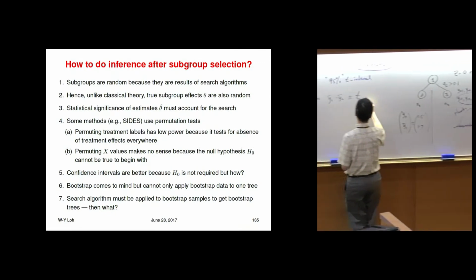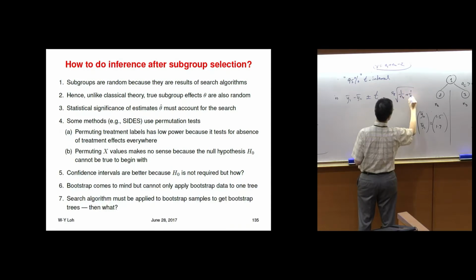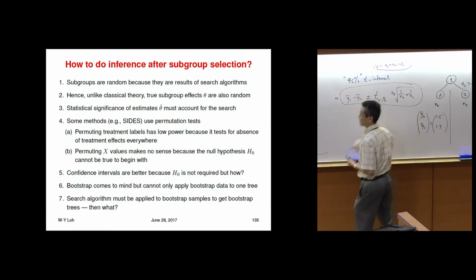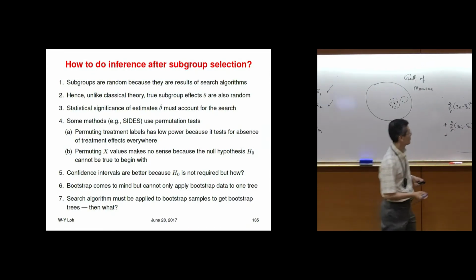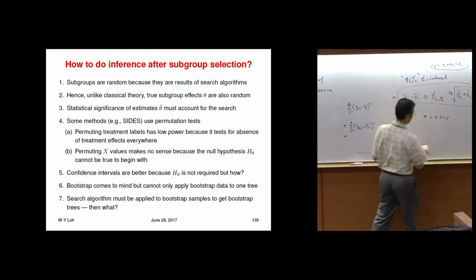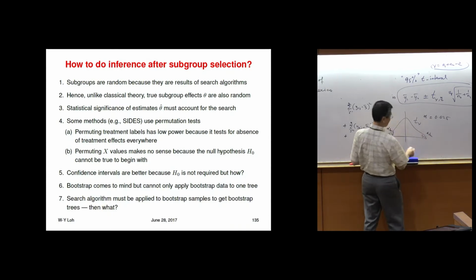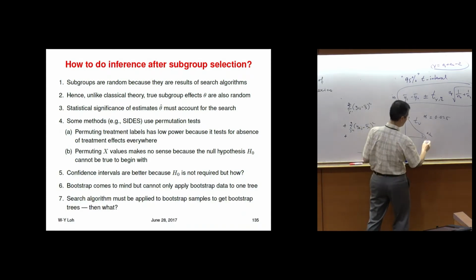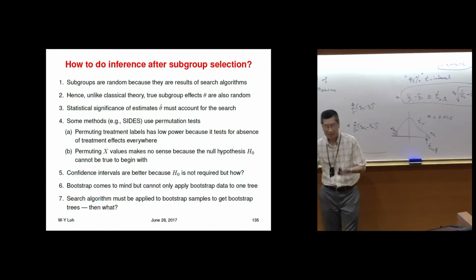So t alpha over 2 times SP times square root of 1 over n0 plus 1 over n1. Right? That's your standard undergraduate formula for a T interval. This alpha over 2 here is 0.025. Right? So this is a T curve, and this is alpha over 2, and this is alpha over 2. So it's about 1.96 or 2.